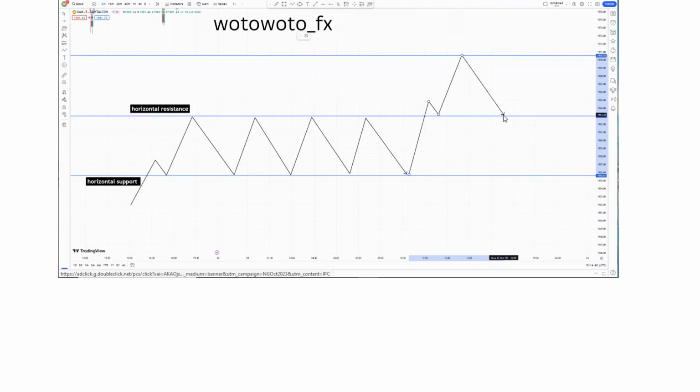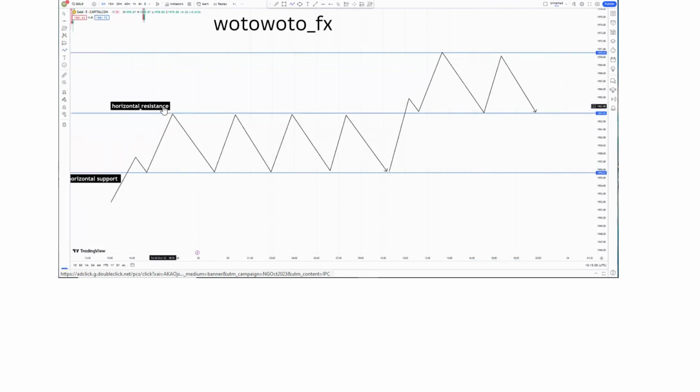And here, a new support level, which was the former resistance. So you get to see the market will go back, tap on the resistance level, then it comes back to the support level. So this is how we can actually spot our support and resistance levels.